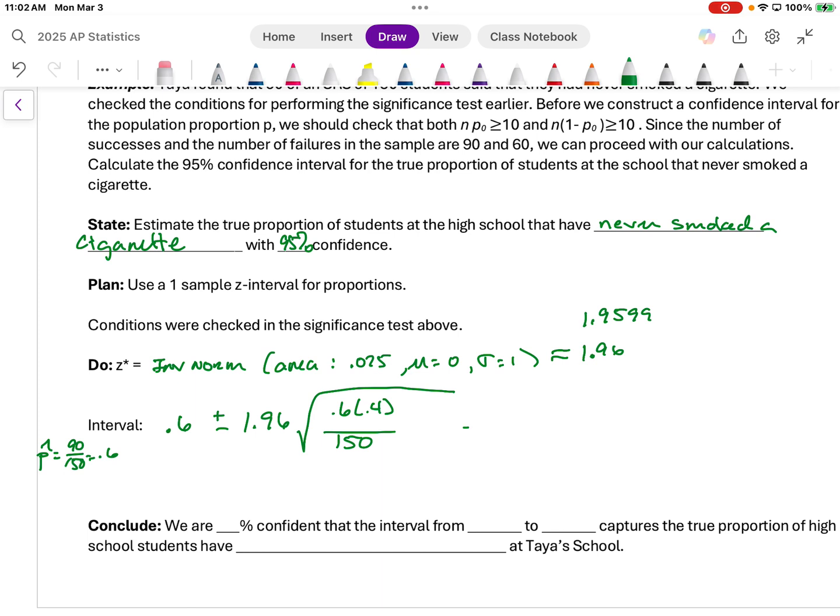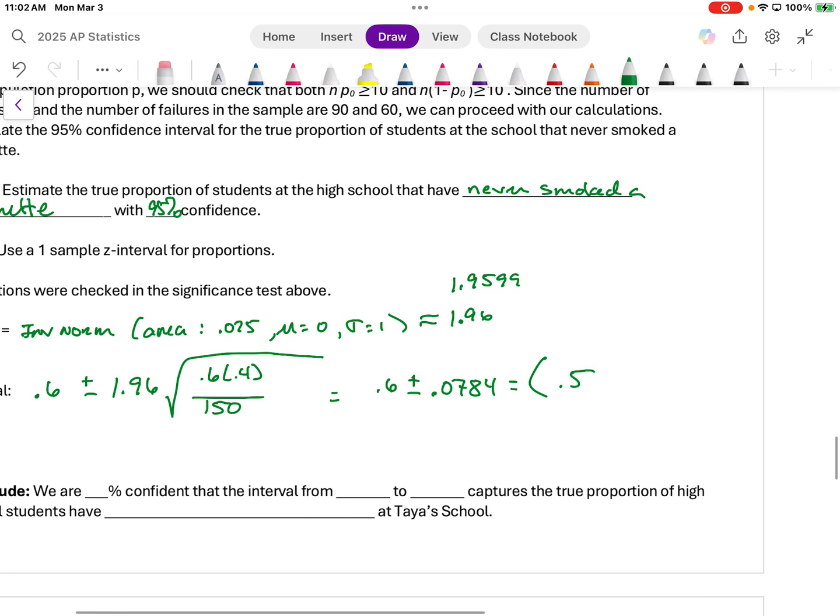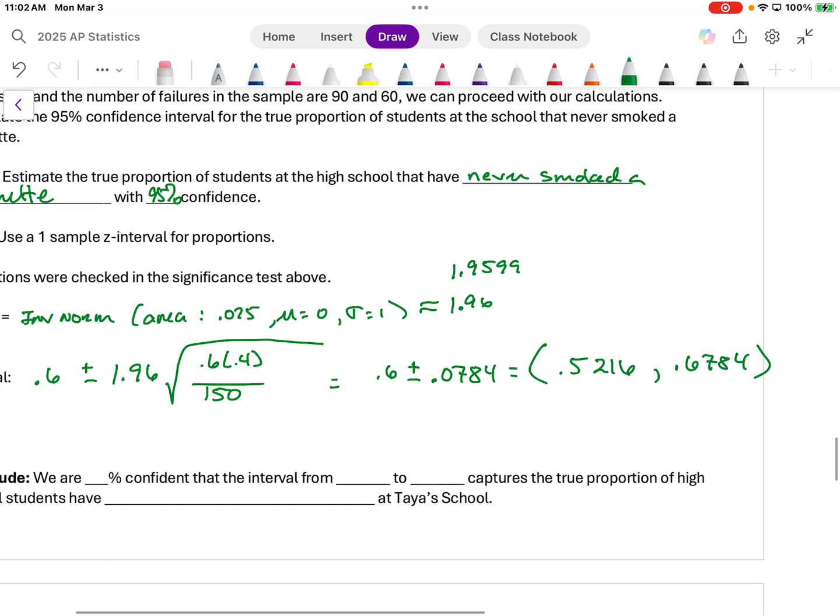This works out to be 0.6 plus or minus 0.0784, which gives us the following interval: 0.5216 to 0.6784. There's our confidence interval.